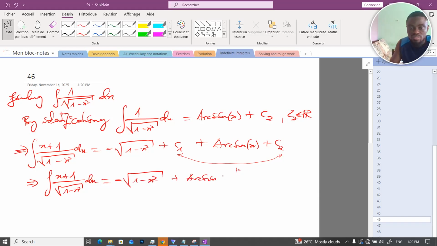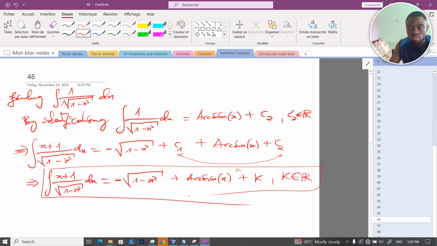Don't forget that arc sine is the sine inverse of x. Arc sine of x plus our constant of integration k, where k belongs to the set of real numbers. So that's our integral. That was very simple. So you see that this part of the integral resulted in an inverse trigonometric function.